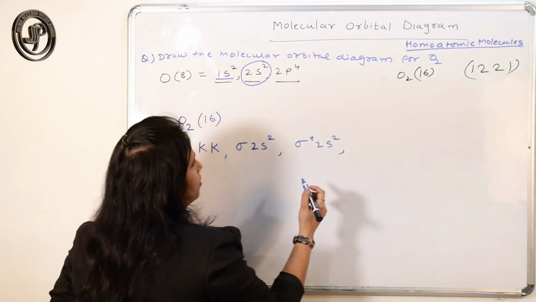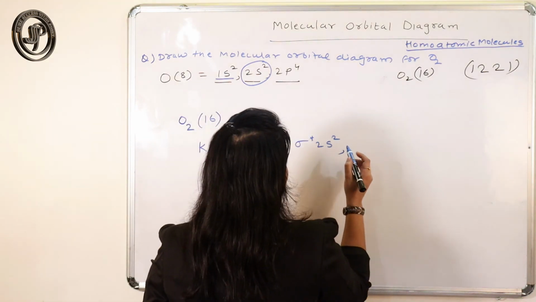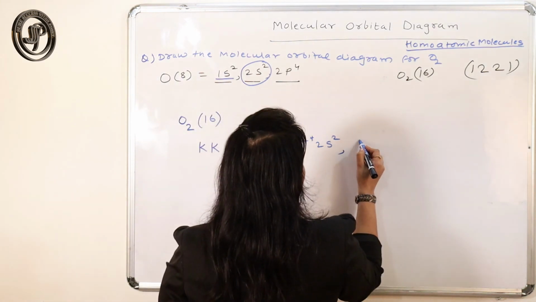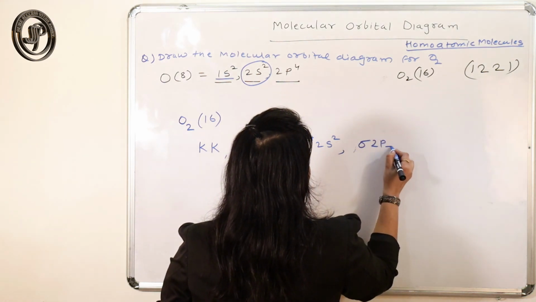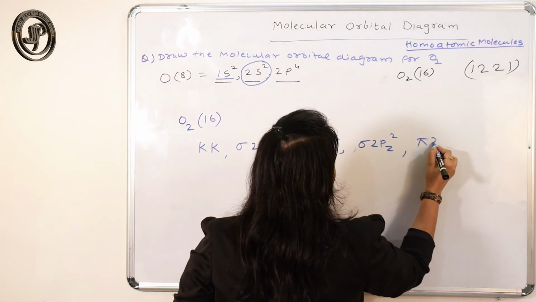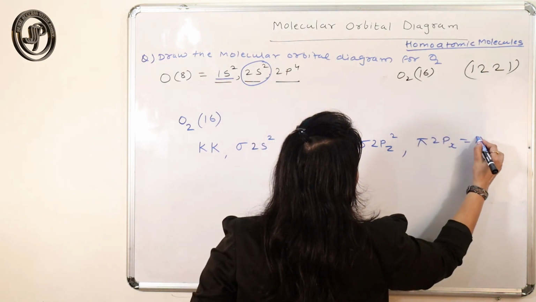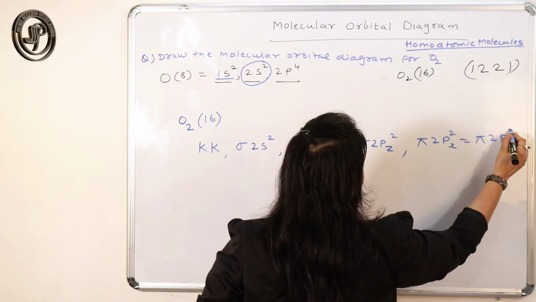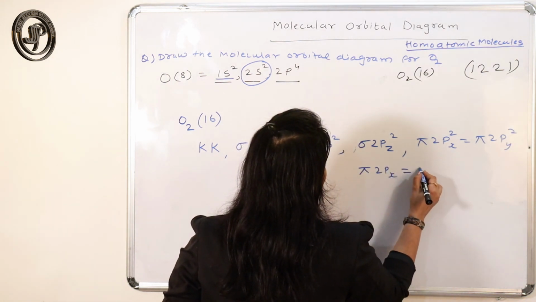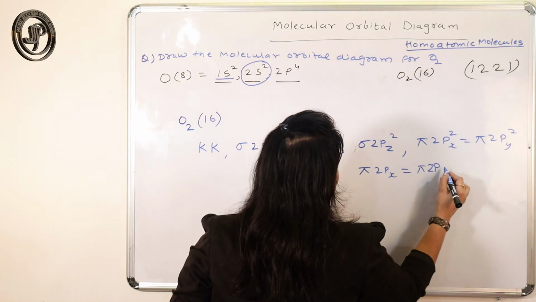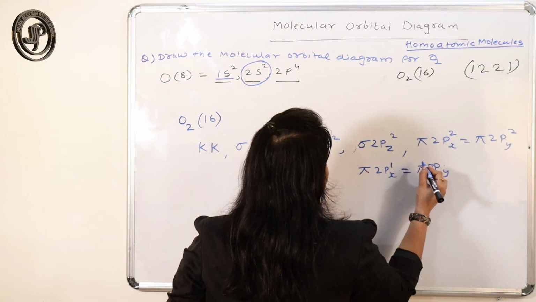For 2p I can write sigma 2pz2, pi 2px2 equal to pi 2py2, and then pi star 2px1 equal to pi star 2py1.